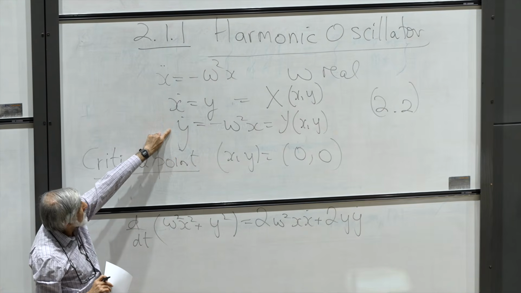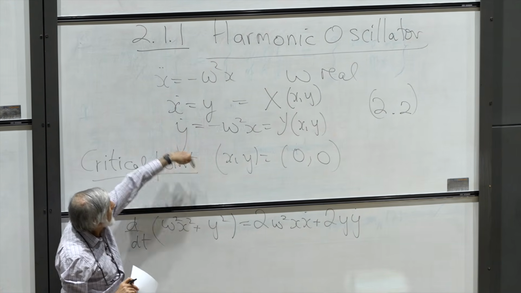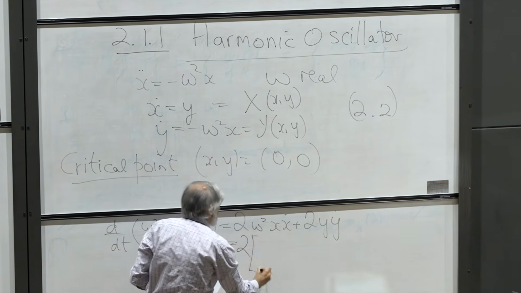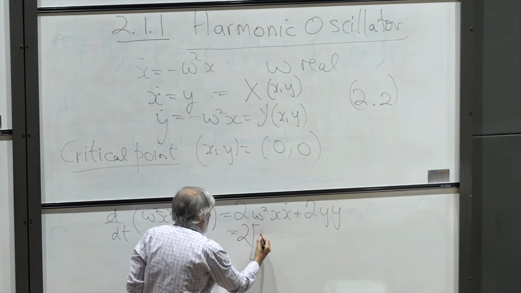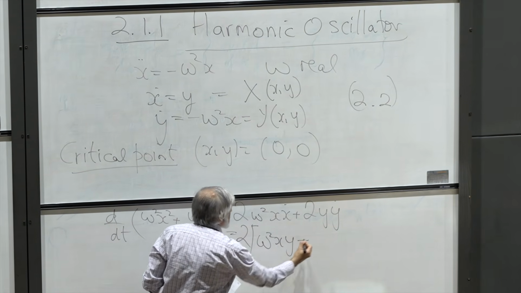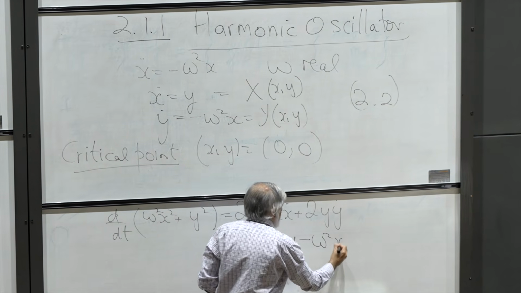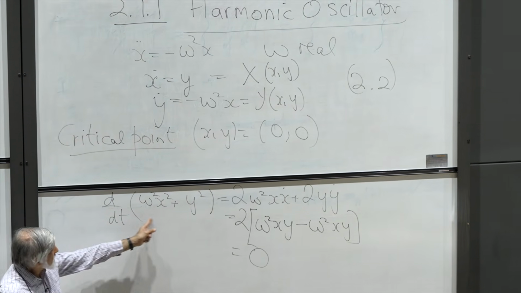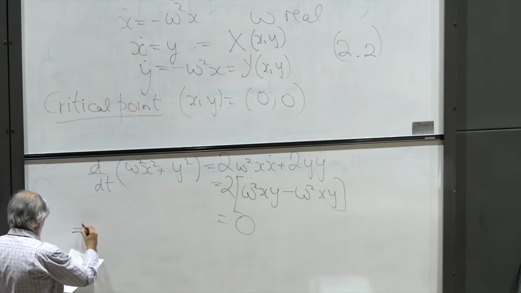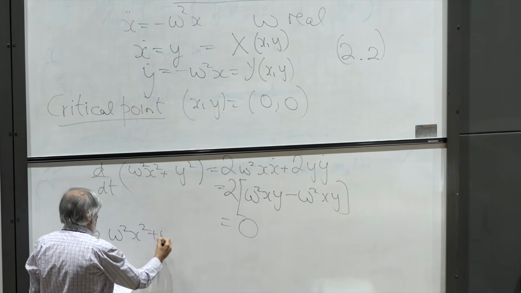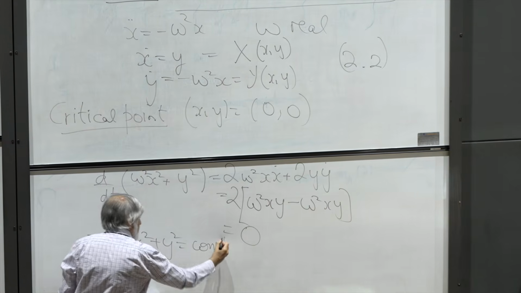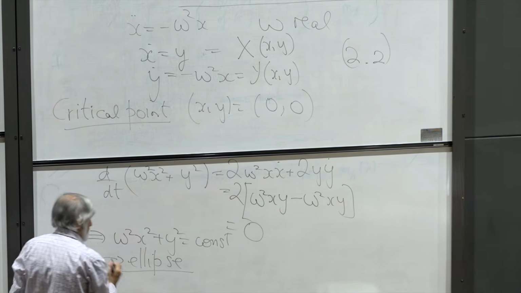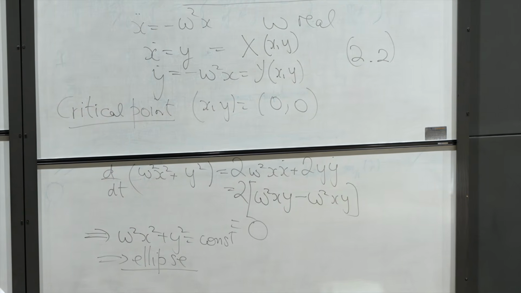And multiply this by y, gets me that. Add them together, I'll get 0. Put it another way, that's omega squared xy minus omega squared xy, which is 0. And then you should remember that's the energy. So that implies omega squared x squared plus y squared is constant, which implies an ellipse in the phase plane. Okay?